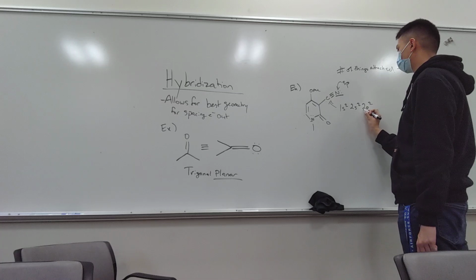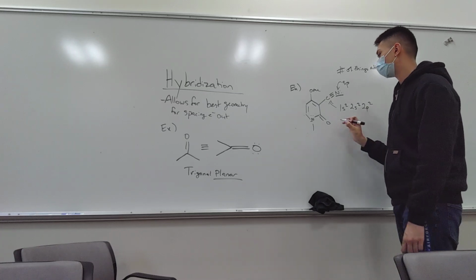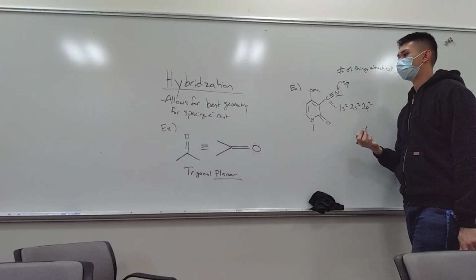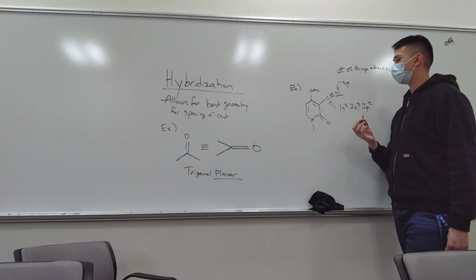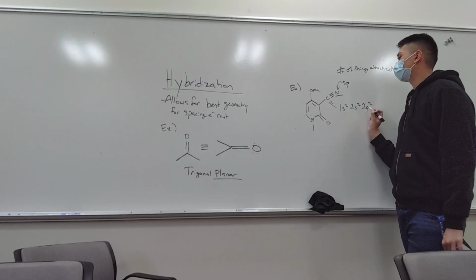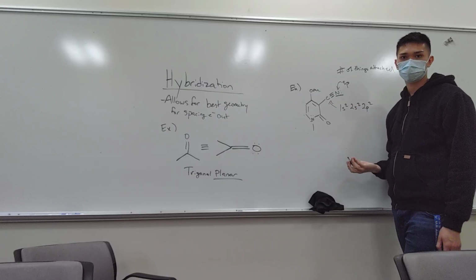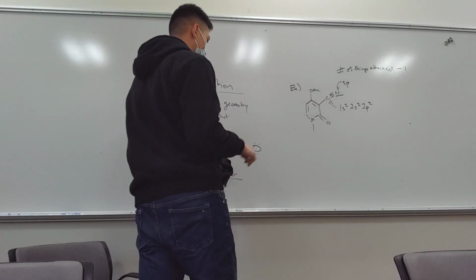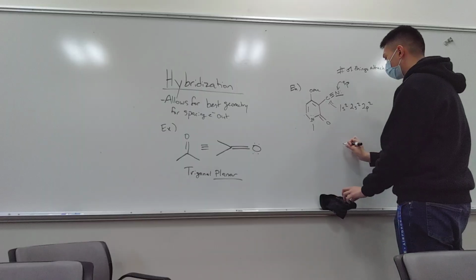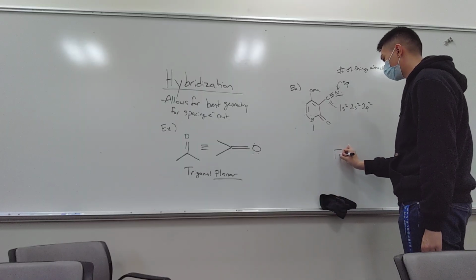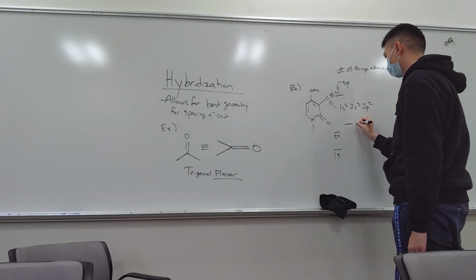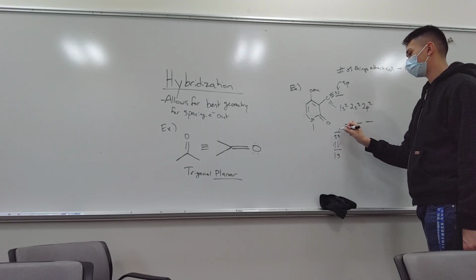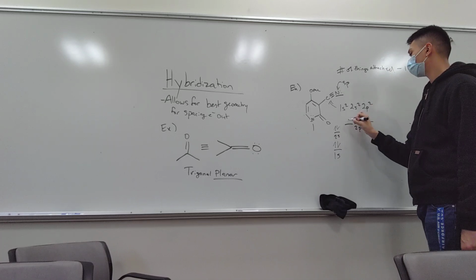The 1, 2, 2 here, the coefficients, are just telling you the levels. The s and p are just talking about what kind of orbitals. And the exponents just tell you the number of electrons in those orbitals. So if I lay out my orbital diagram, 1s, 2s, and 2p, then put in my electrons, represented by these half arrows, 2 electrons here.